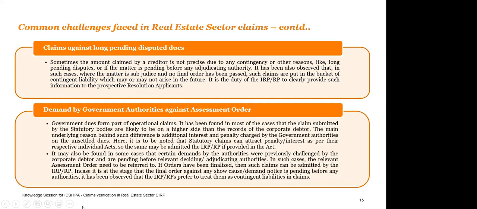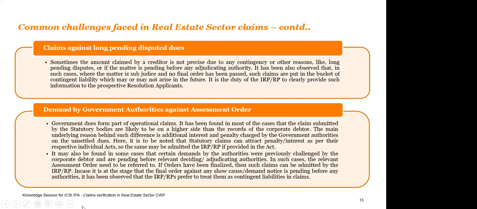So here, it has to be checked whether such matters, in most cases, are sub judice before any of the authorities. If any order has come in favor of any of the parties, that has to be accepted. That is very well.